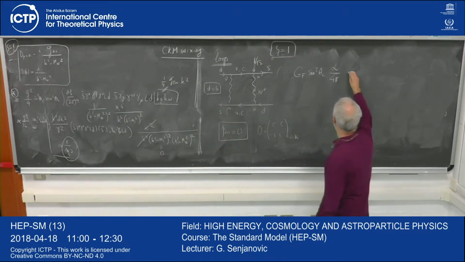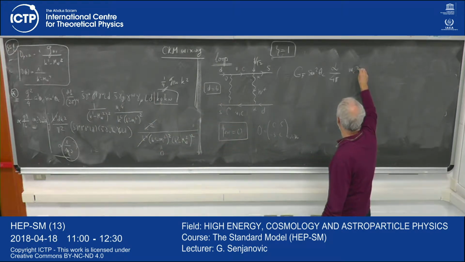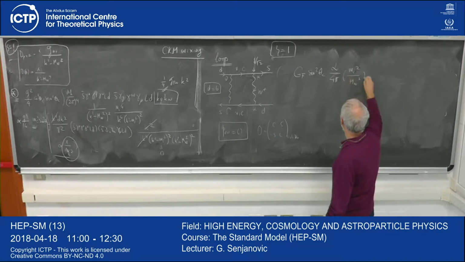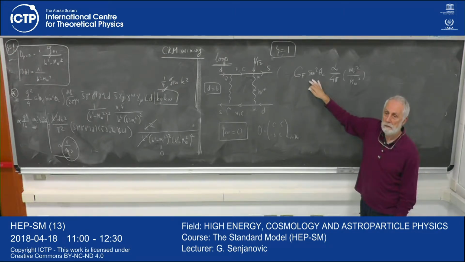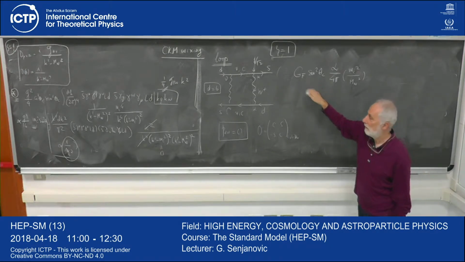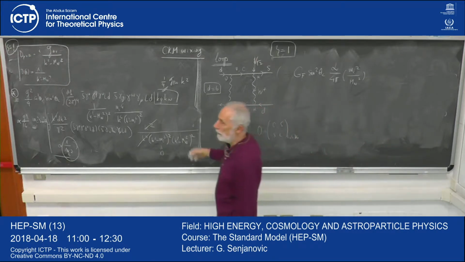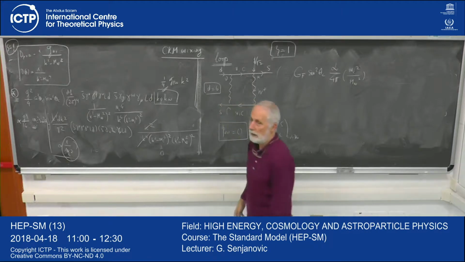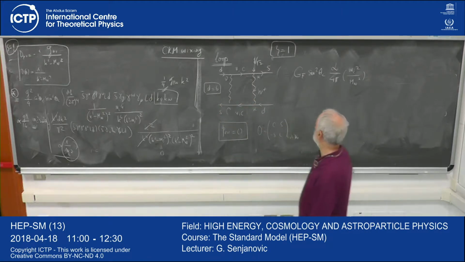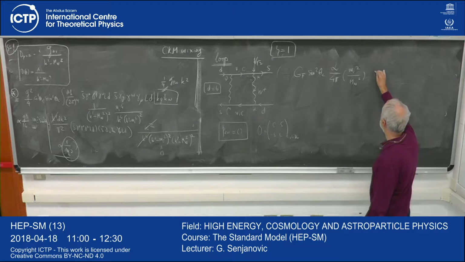Then I will get m charm squared, and the dimension tells me it must be over MW squared. There are various ways you can do this, taking dimension. And the diagram is completely finite, ultraviolet. This is what you get. And then you get this thing.